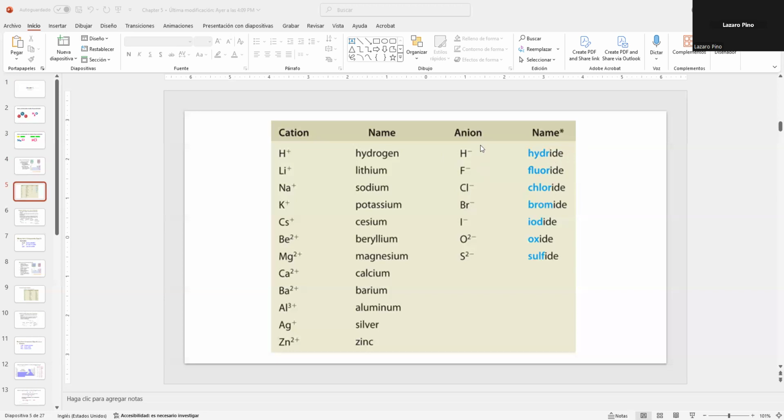Bromine, bromide, and so on. Then remember, in the binary compounds, we have first a cation, and second, an anion. The cation has the same name as the element in the periodic table, but the anion changes the ending to "ide".